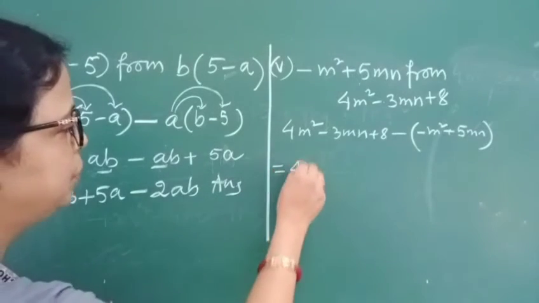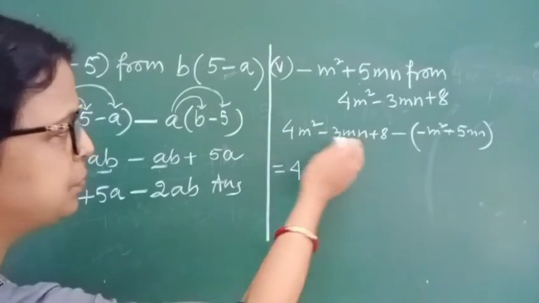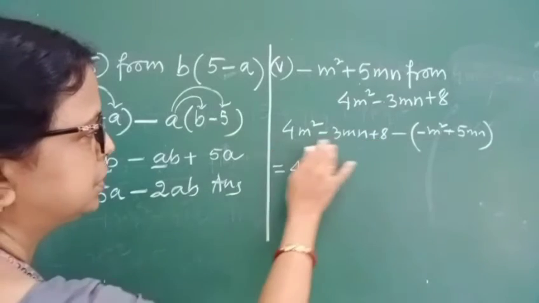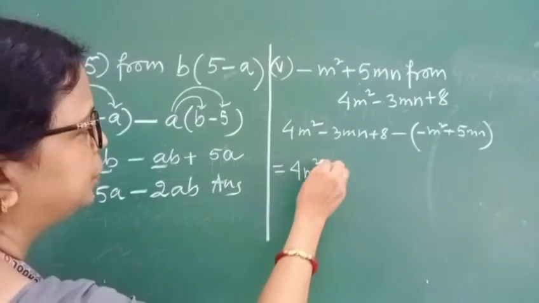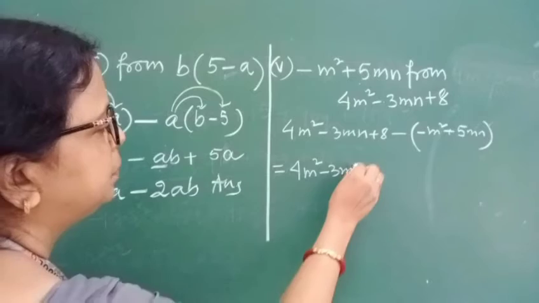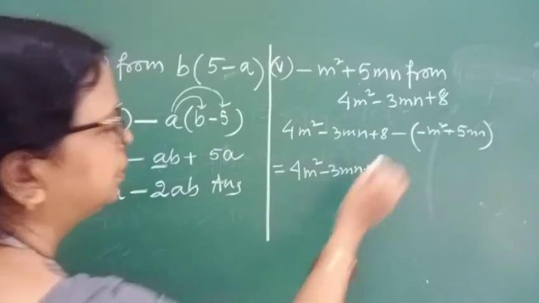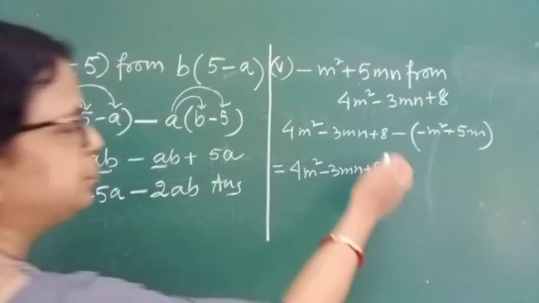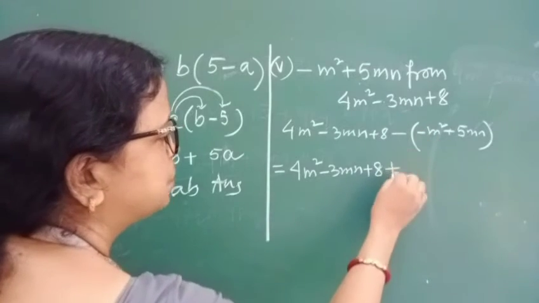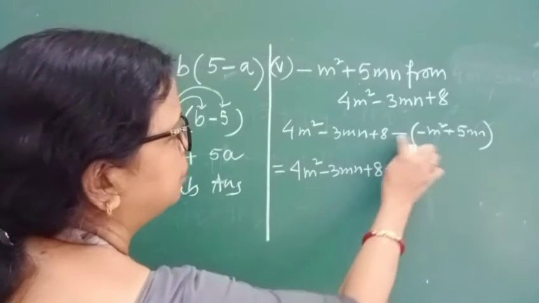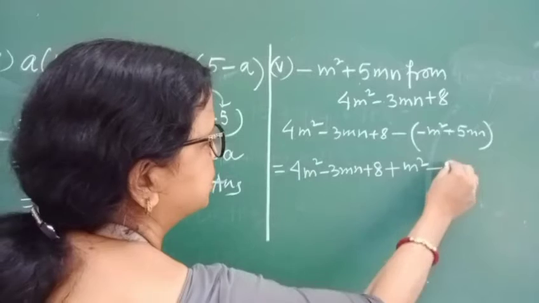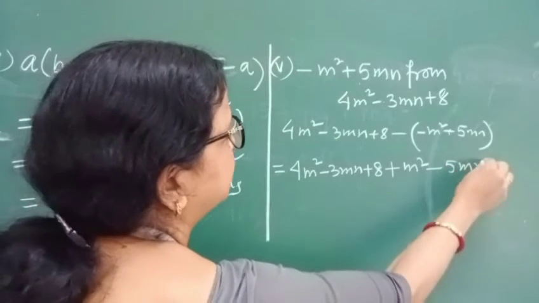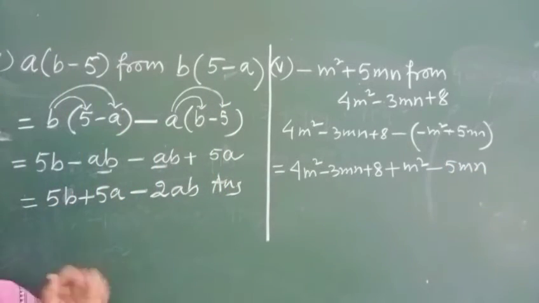See, 4m square, the expression from which we are subtracting, is not required to be changed. 4m square minus 3mn plus 8. After that, because of this minus sign, minus minus becomes plus m square, and minus plus becomes minus 5mn. Understood?